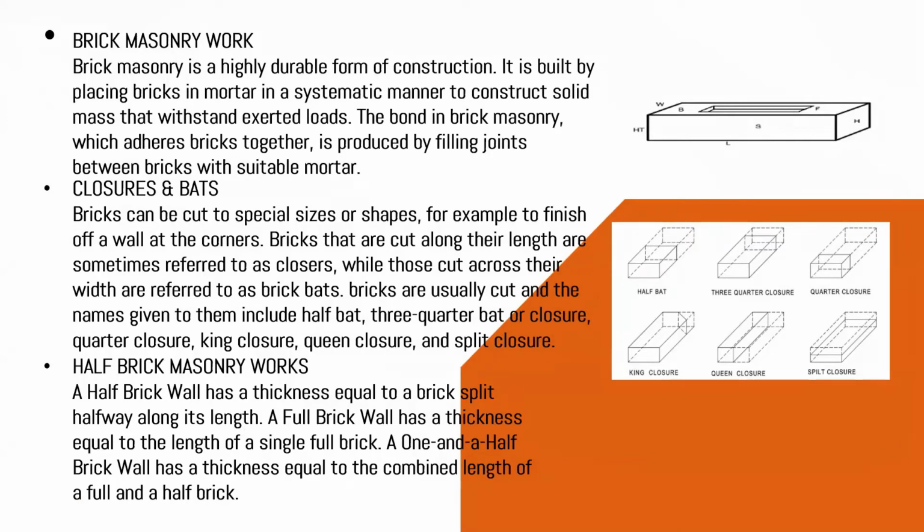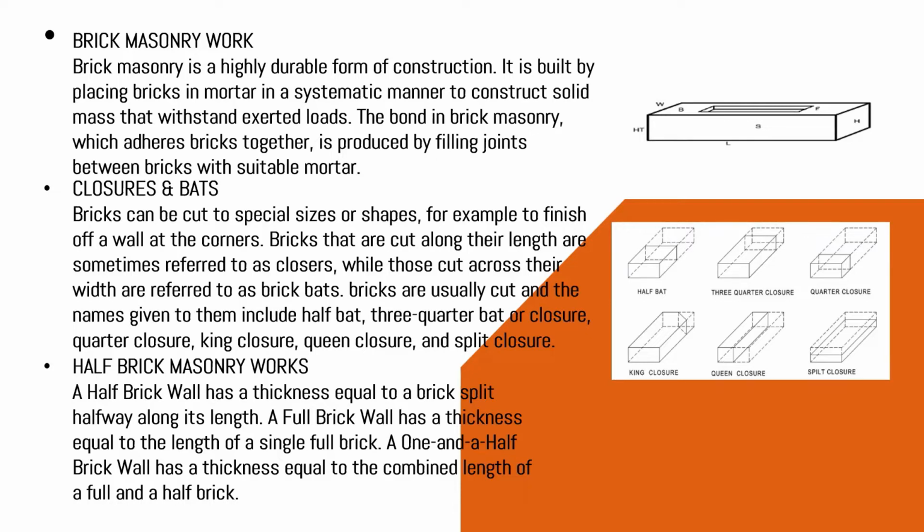The bond in brick masonry, which adheres bricks together, is produced by filling joints between bricks with suitable mortar. Bricks can be cut to special size or shape, for example, to finish off a wall at the corners.